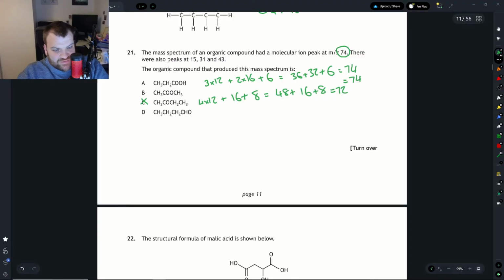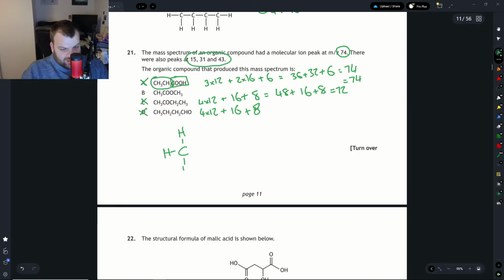And then the next one, we've got 4 carbons, so 4 times 12 plus 1 oxygen plus 5, 6, 7, 8 hydrogens. That's again going to be 72. That can rule that out as our answer. We now need to think about what peaks we would see if we start to break this apart. From its formula, it looks like B is an ester.